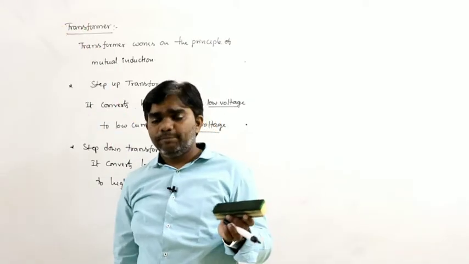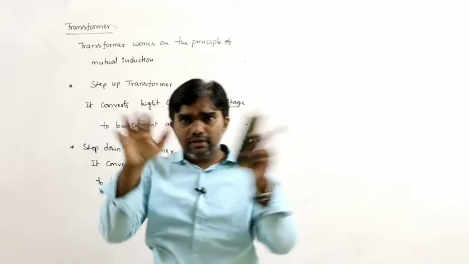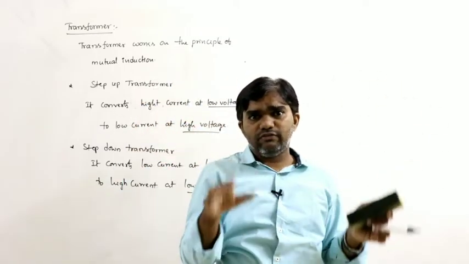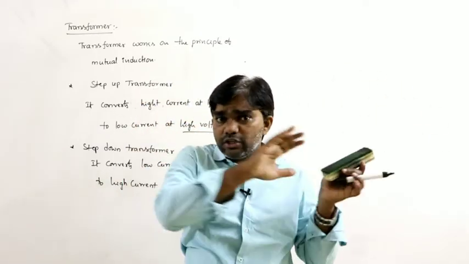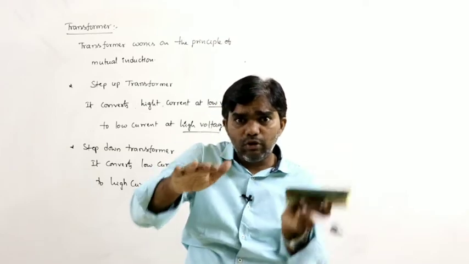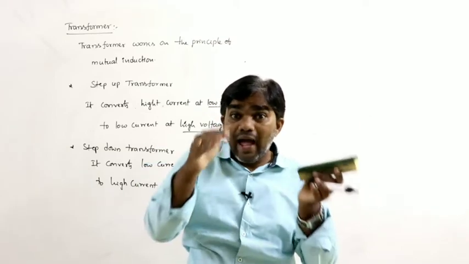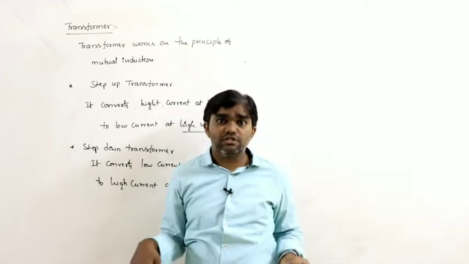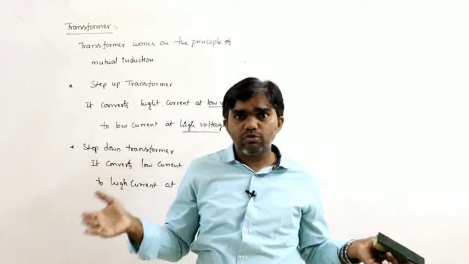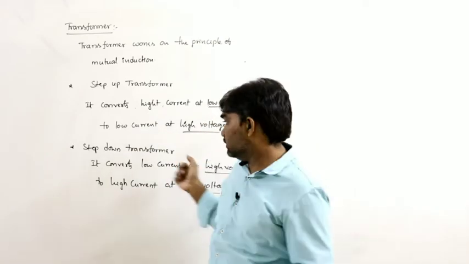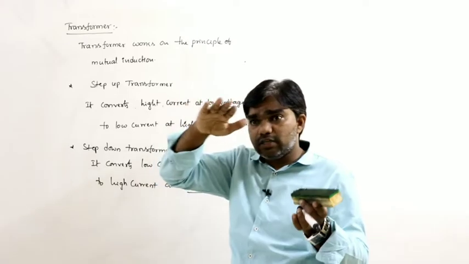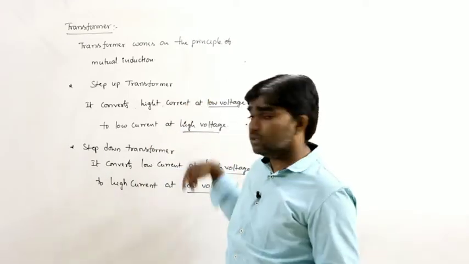For example, Nizamabad has a complete base station for Nizamabad town. So it reaches Nizamabad town, then it is stepped down at that base station. Again it is stepped down at the substations, and throughout Nizamabad there are so many substations like that. So first step up, then step down, and again step down.